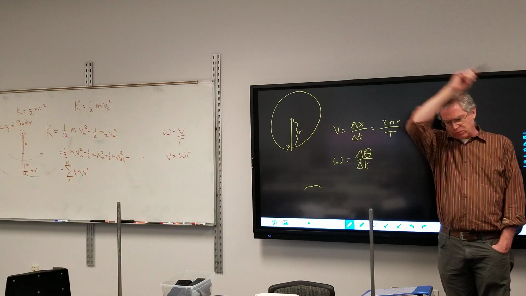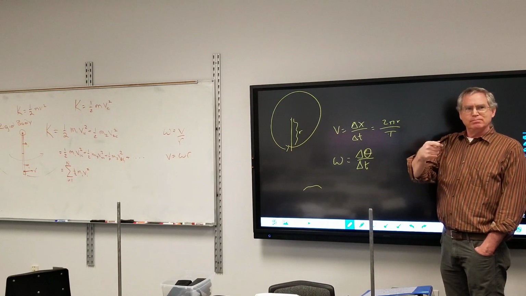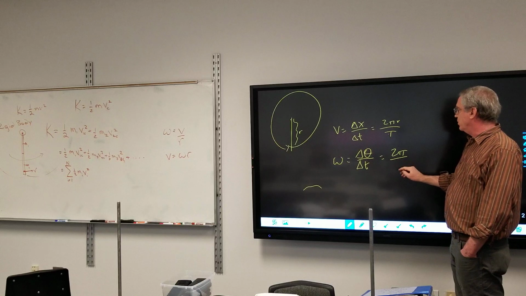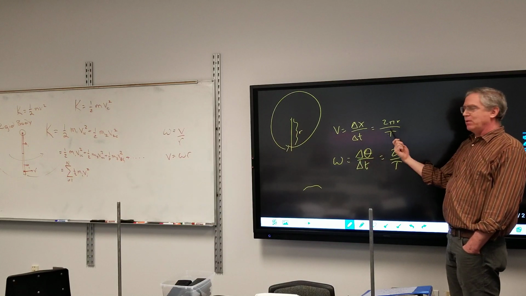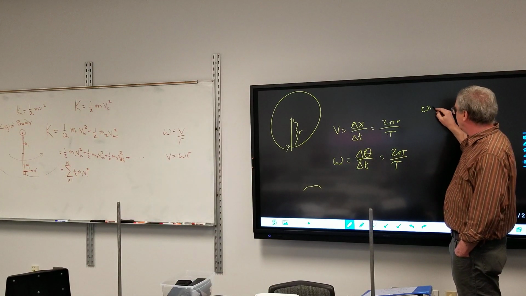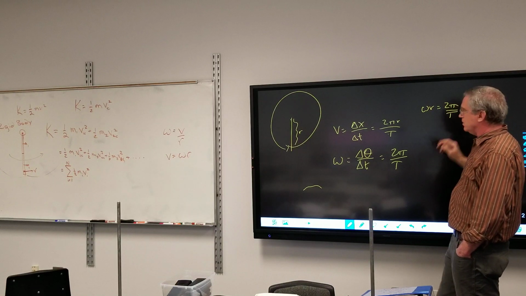And what angle does it go through as it goes around once? 360 degrees, or 2 pi radians. So 2 pi over T. Well, if I multiplied omega times r, I would get this. So omega r is equal to 2 pi over big T times r.